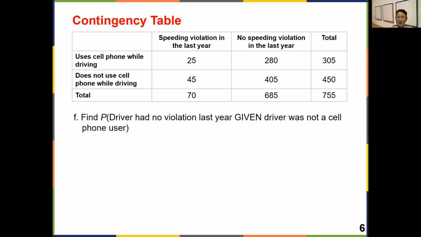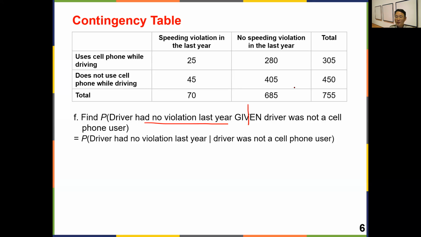So this is the case that the driver had no violation last year, given that not using cell phone. Okay, so we can rewrite it like that. Driver had no violation last year, which is this first part, given, so that bar right here is the given part.